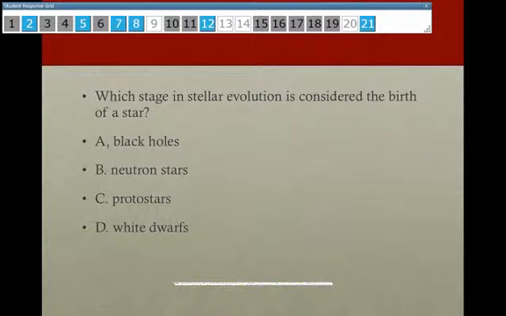Okay, what stage in stellar evolution is considered the birth of a star? Try to do it without looking at that little picture.